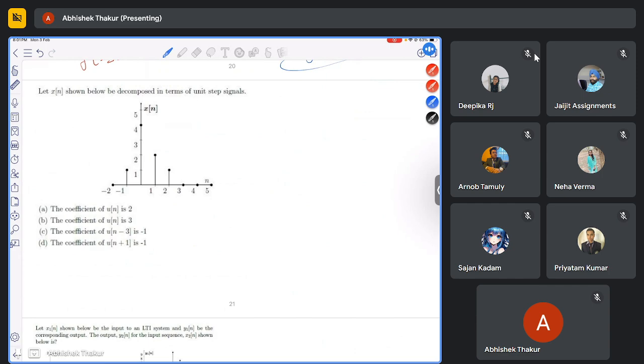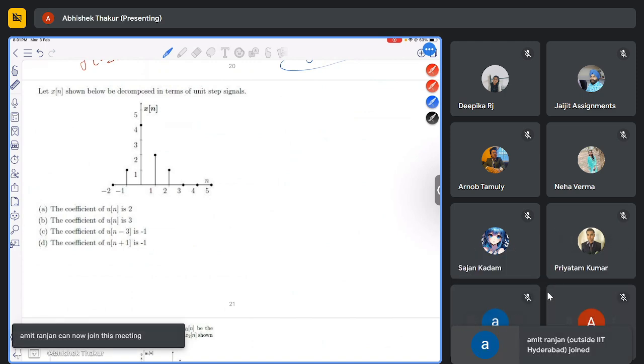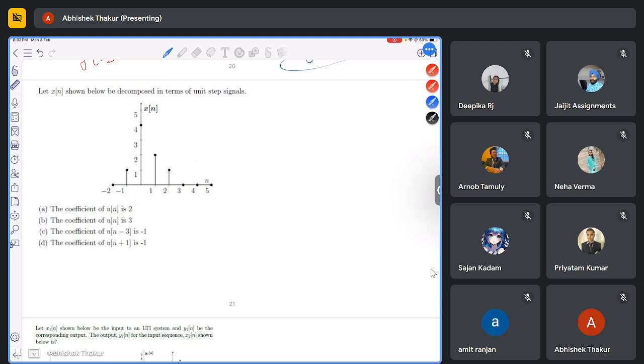The next question is, let x[n] shown below be decomposed in terms of unit step functions. So we have to decompose x[n] into unit step functions.